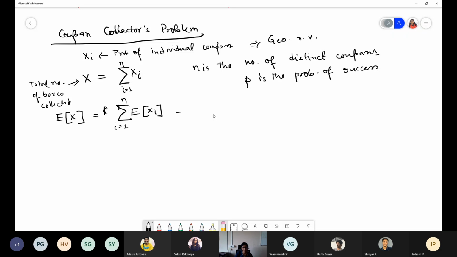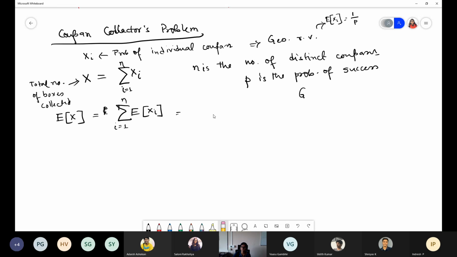I have done a step jump. E of xi, for an individual xi, is a geometric random variable. What is this expectation value? E of xi is 1 by p, right? Check. Yes, ma'am. Okay, so it is 1 by p. That is for any arbitrary random variable.